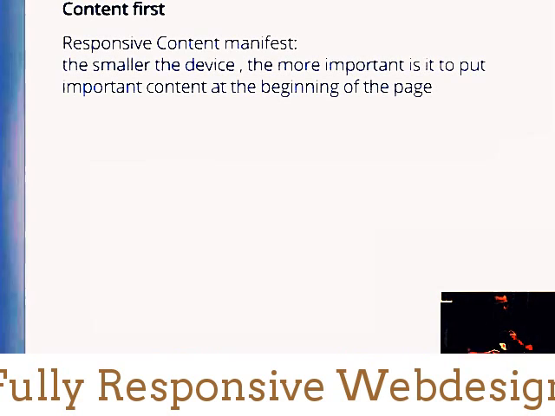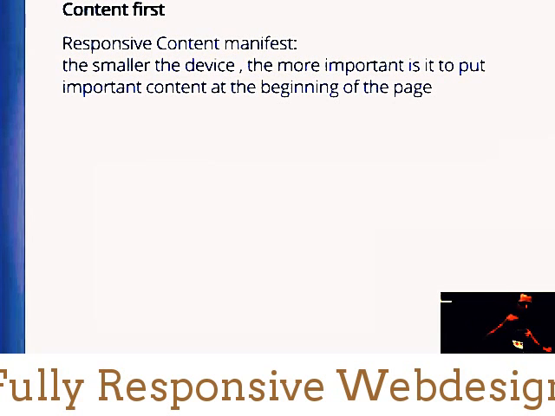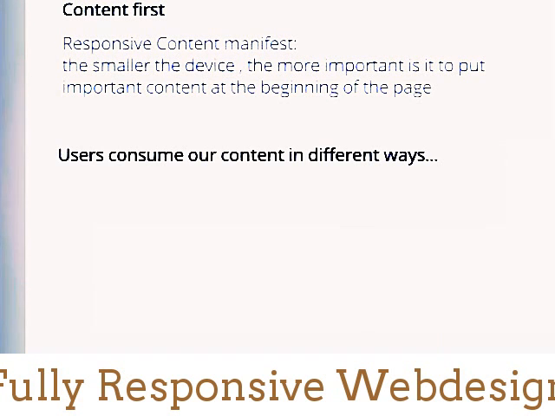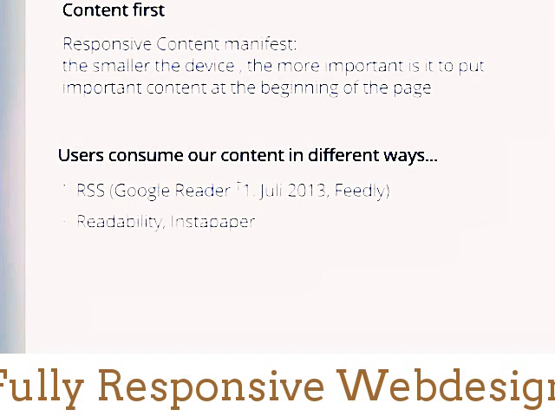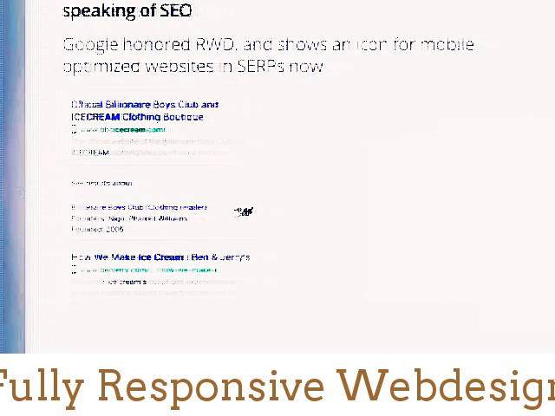Responsive content: if the device is smaller, it's more important to have the important content at the top, at the beginning of the page. Imagine there are other ways to consume the content: RSS feeds, readability, Instapaper. And it has some advantage in SEO.